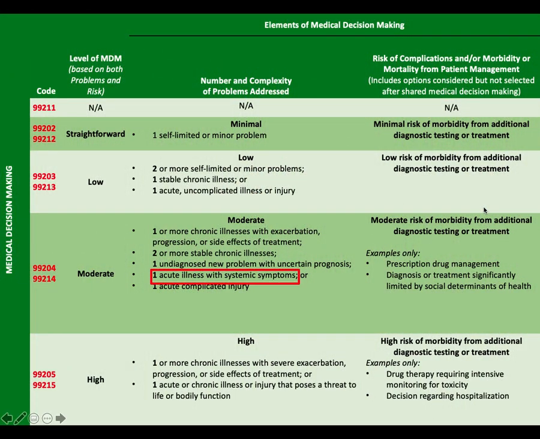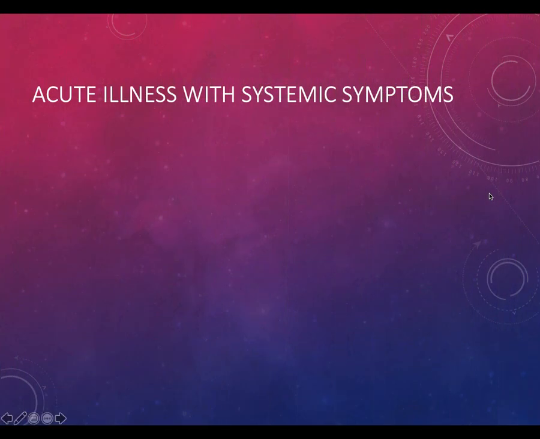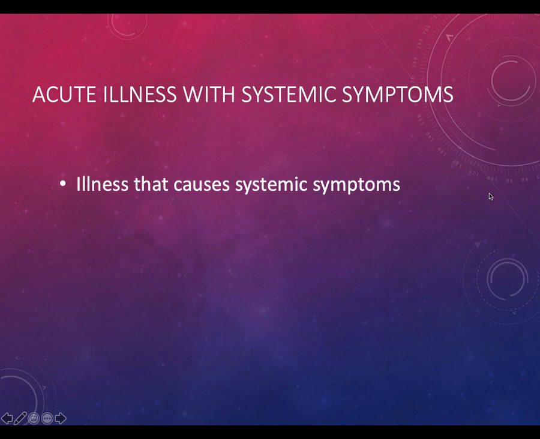Next is acute illness with systemic symptoms. Systemic symptoms is an important category to get to both 99214 and 99215 with an acute condition.